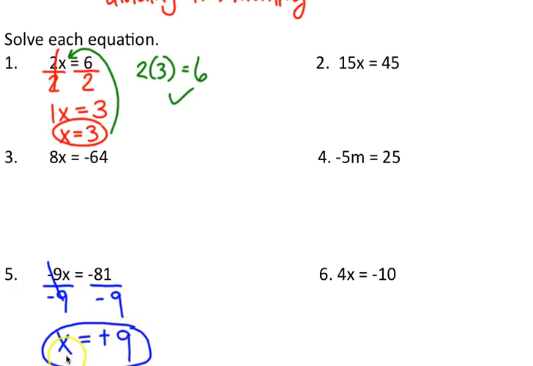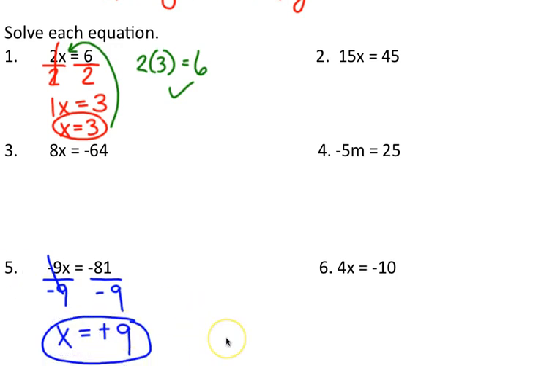Let's do number 6 together real quick. So they're multiplying by 4, so I'm going to divide by 4 on both sides. These will cancel out, leaving you with x, and then I know that 4 doesn't go evenly into 10, so you could either leave it as a decimal and say -10 divided by 4 is -2.5, or if you wanted to, you could leave it as a fraction by reducing both the numerator and denominator.